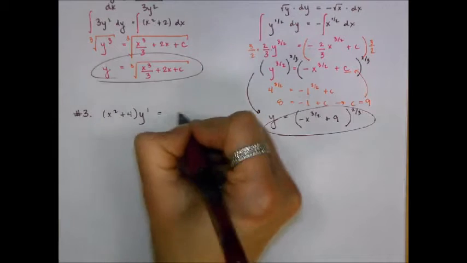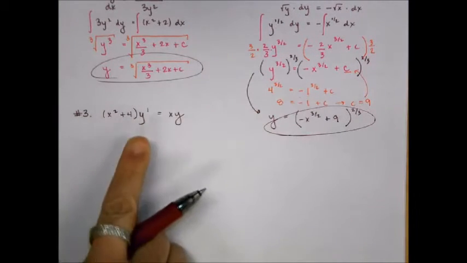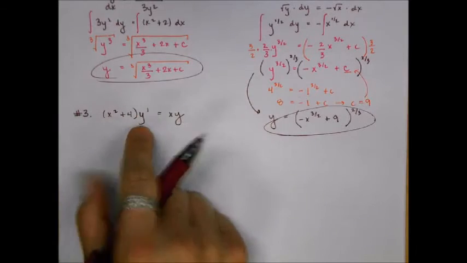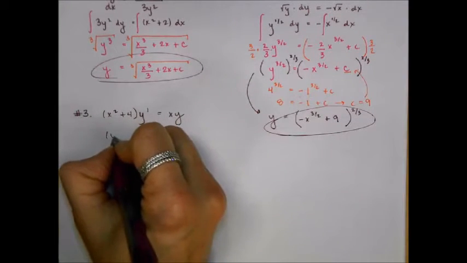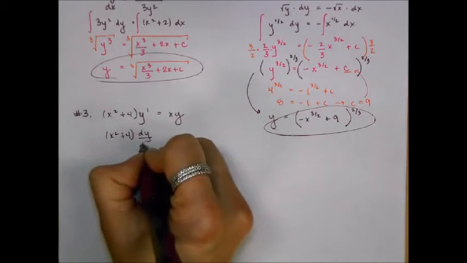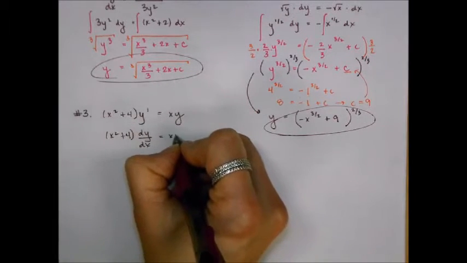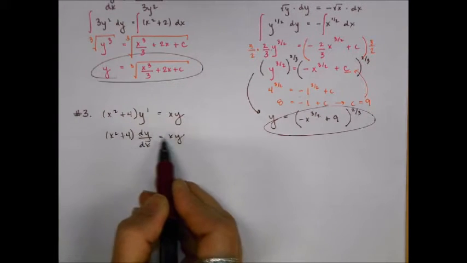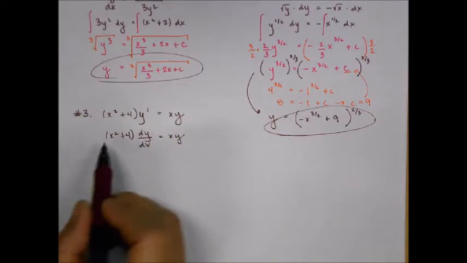So again, y prime is your dy dx, and then we want to separate our variables. So let's rewrite that first. So I'm going to keep dy here on the left. So I need to move this y over, and I want all the x's over here on the right side.